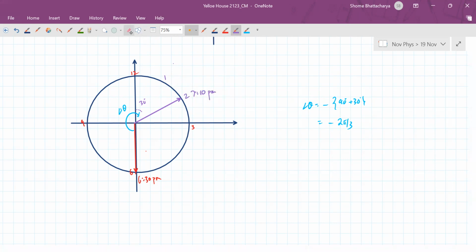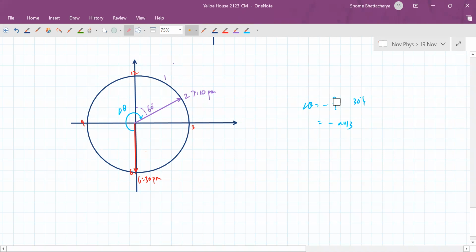So this will be 60 degrees. Correct. So how much is it?